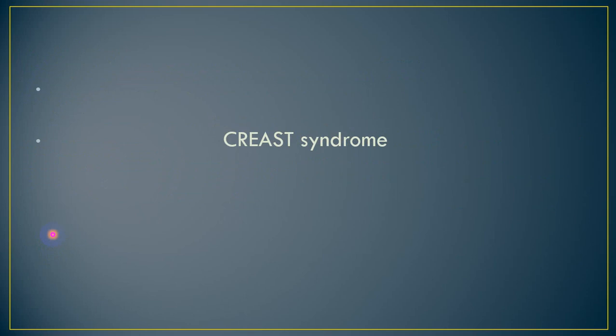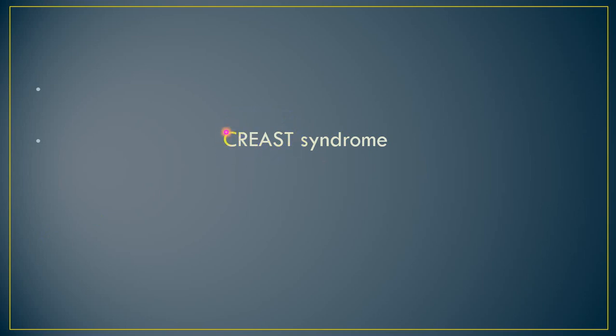Now, before we go to investigation, we have a few terms we need to know something about. First, many patients with limited type of disease have a manifestation we call CREST syndrome. What is CREST syndrome? It is a collection of many symptoms.